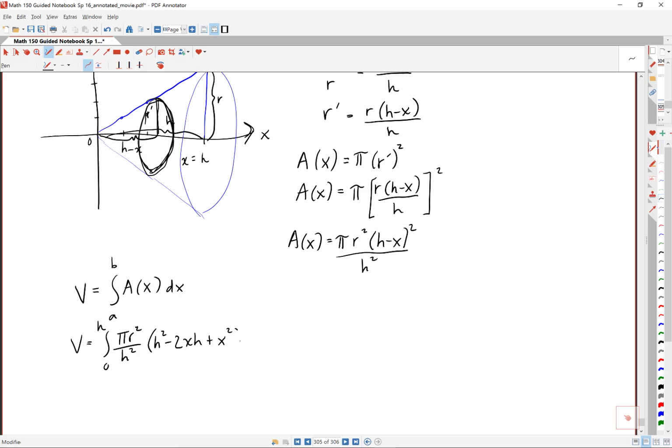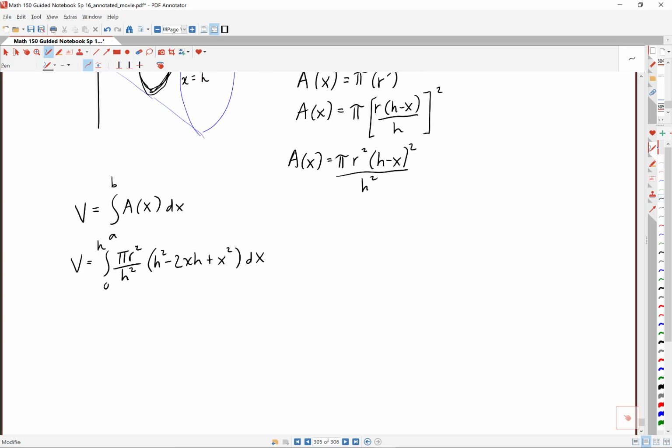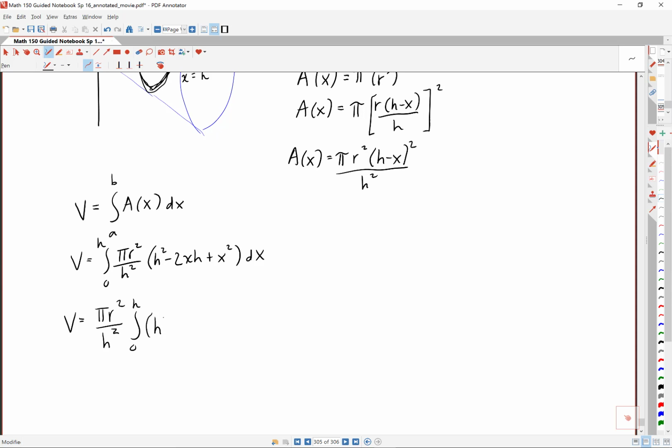We're integrating with respect to x, so everything else we can treat as a constant multiplier. The pi r squared over h squared we can take out, and then we'll have the integral from 0 to h of h squared minus 2xh plus x squared with respect to x.